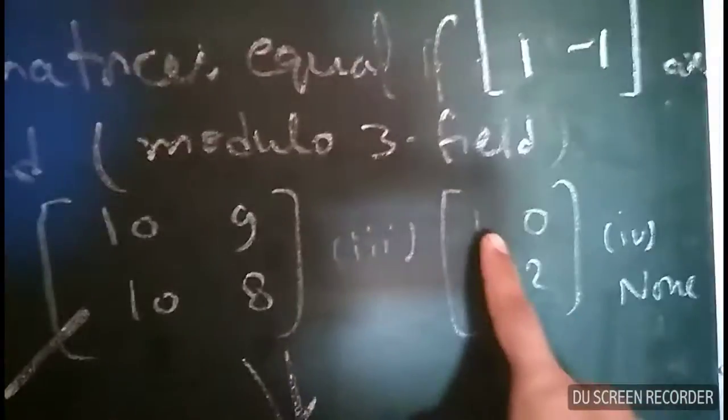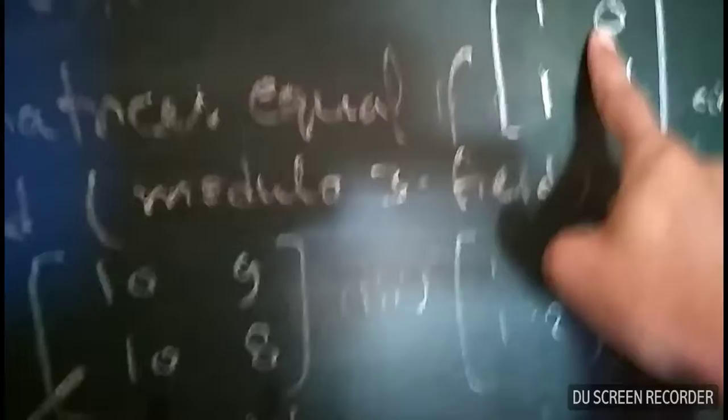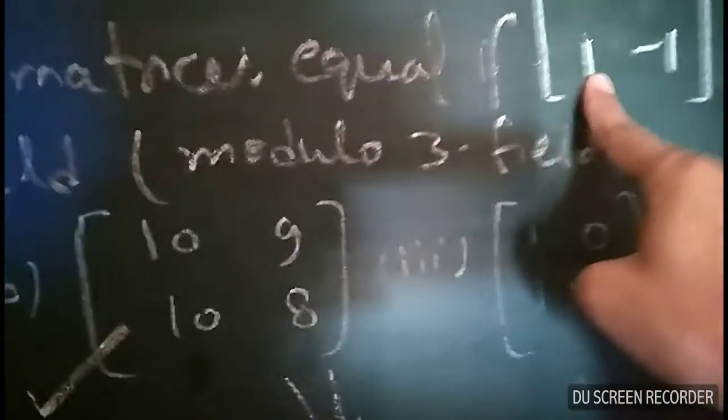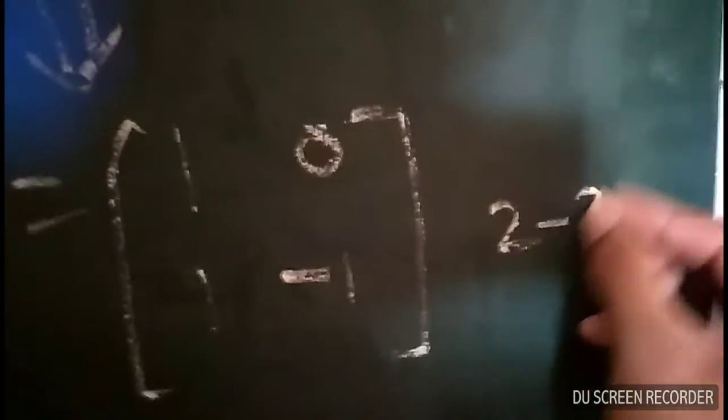For this we say that 1 is equal to 1, 0 is equal to 0, 1 is equal to 1, and 2 is equal to -1, because when we subtract 3 from 2, we get -1.